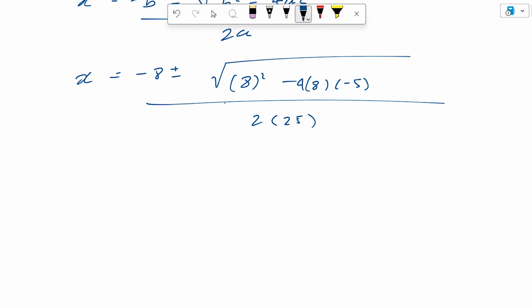That's going to give us x is equal to minus 8 plus minus square root 224 over 50.